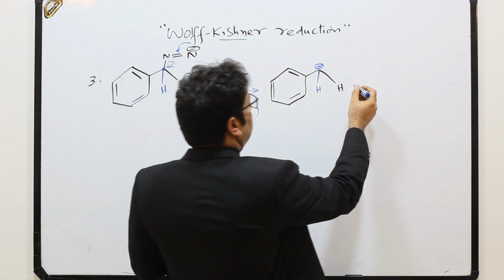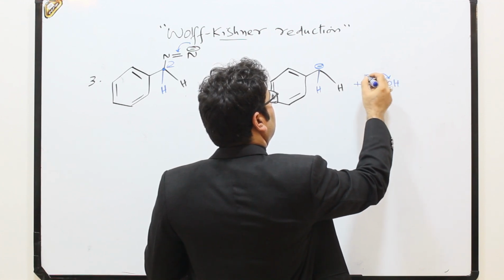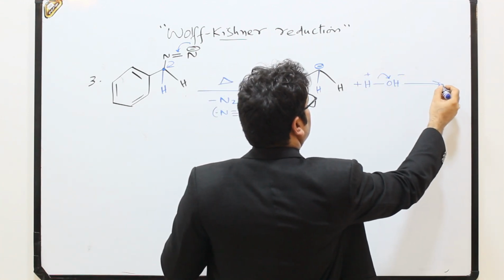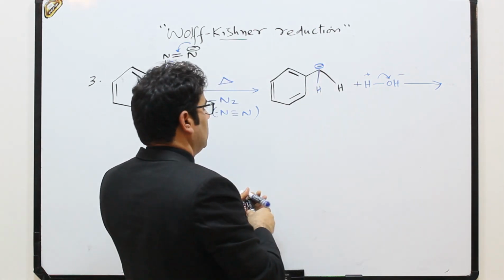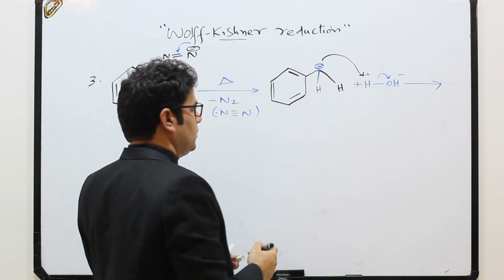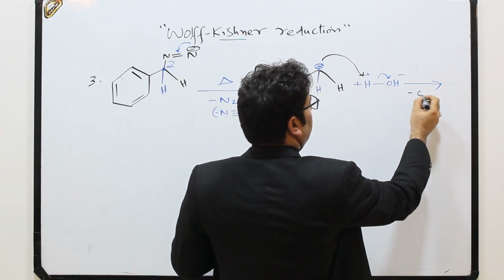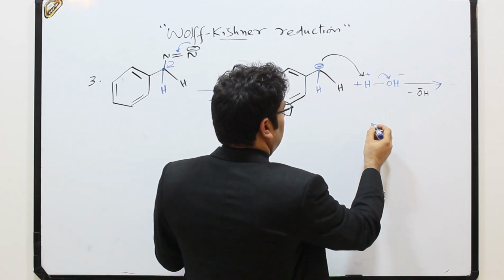This carbanion will be further attacked by water. This will be positive. What will be the result? This minus charge will attack on this hydrogen, and this OH will be pushed out. So we will get the final product.